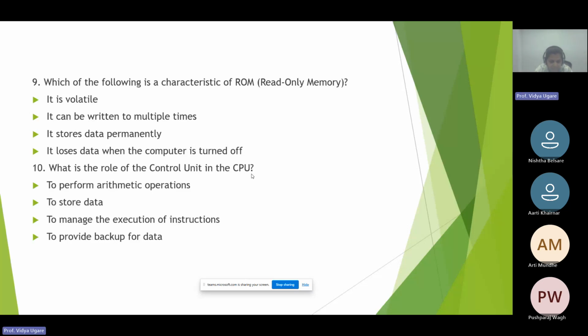The answer is to manage the execution of instructions, because the control unit controls every other unit which is connected directly or indirectly to the motherboard or to the CPU. So it needs to manage the instructions properly, right? So we use the control unit to control all the other units.